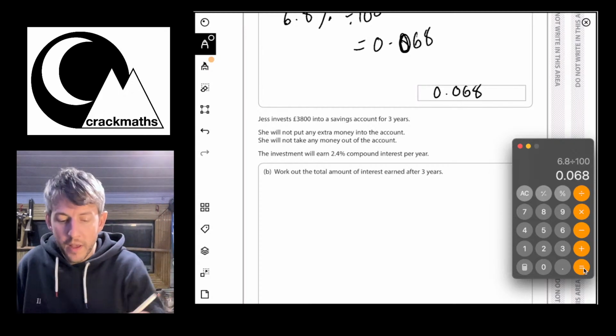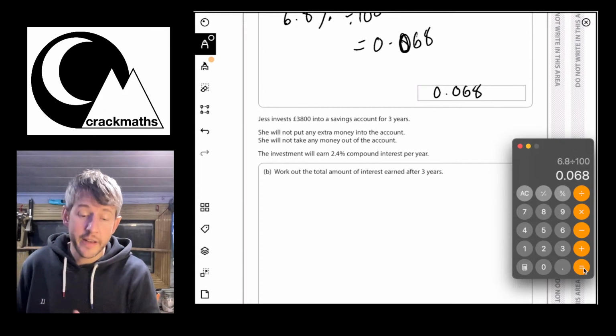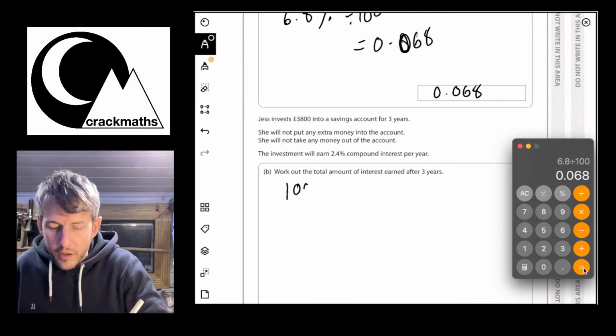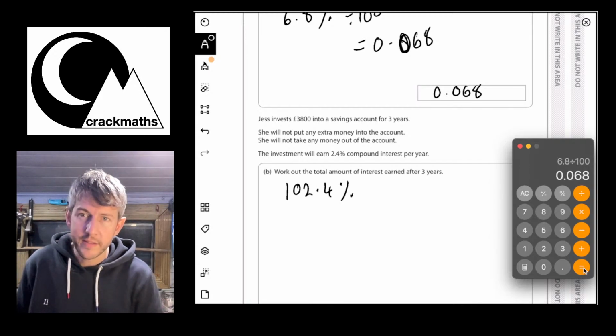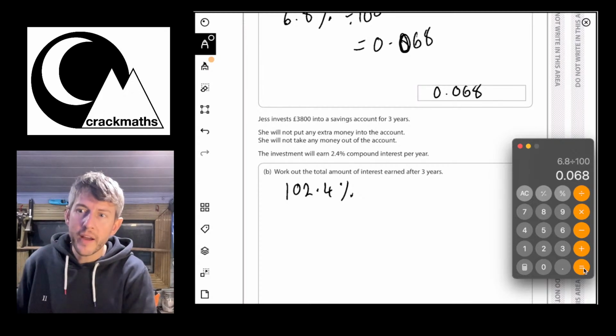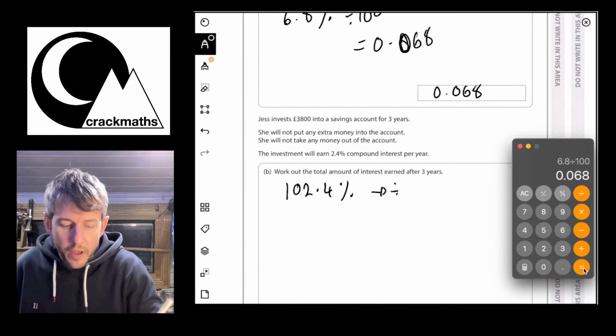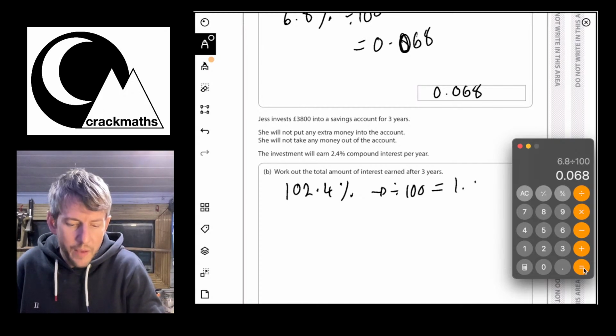Okay, right. So if you are earning 2.4% interest, that means every year you're going to end up with 102.4% of what you started. Now, in order to find 102.4%, what we do is we divide this by 100 to get it as a decimal multiplier. So that would equal 1.024.